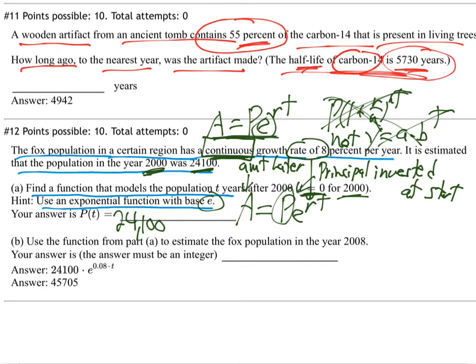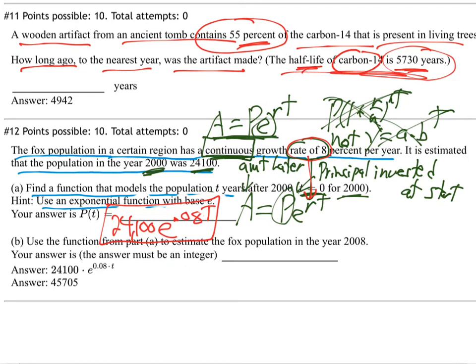Let me change colors, to be a little more clear. 24,100 e to the 0.08, that's because of the 8% for r, t. That's a t up there in the power zone, 0.08t. So there's the formula that we're going to use, the PERT formula.